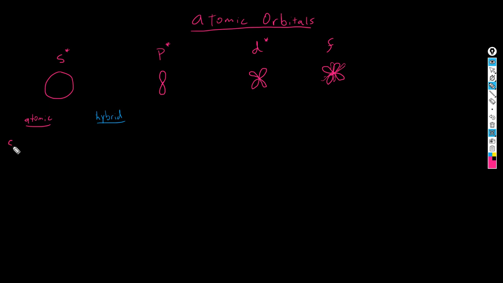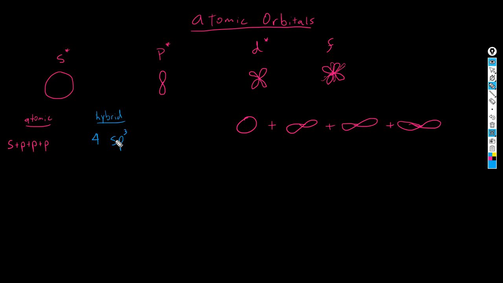So if we have a combination of an s and 3 different p atomic orbitals, so one spherical plus one dumbbell plus a second dumbbell plus a third dumbbell, that's going to create 4 hybrid orbitals, because we are combining 4 atomic orbitals, and those are going to be called sp3 orbitals.